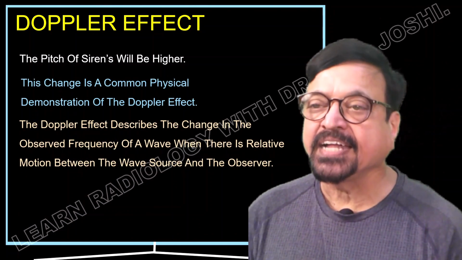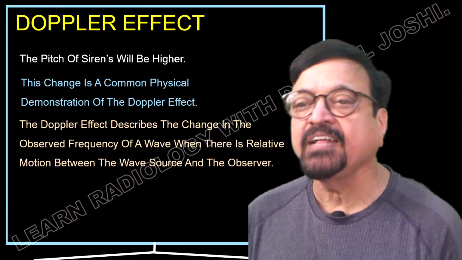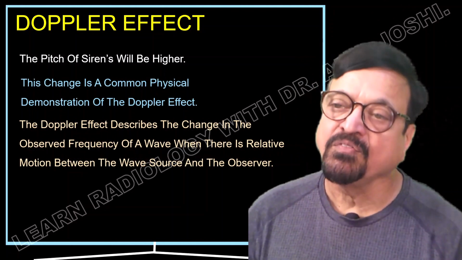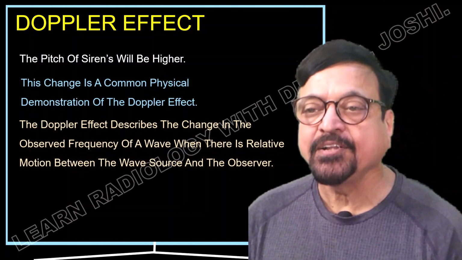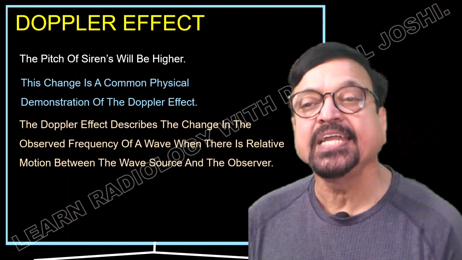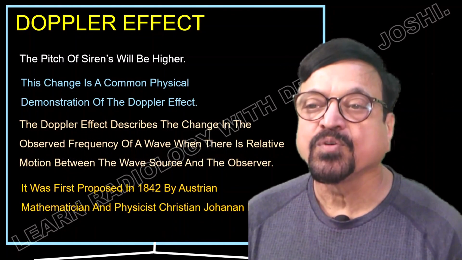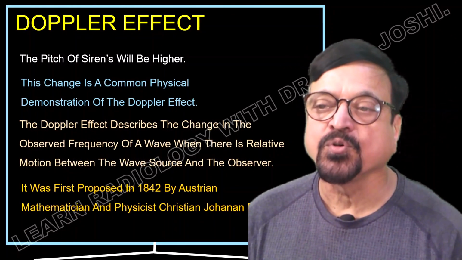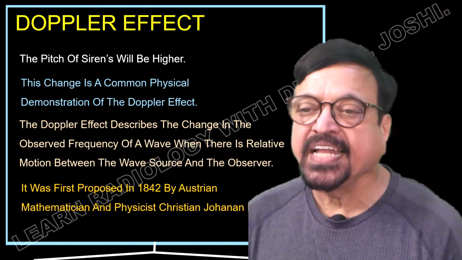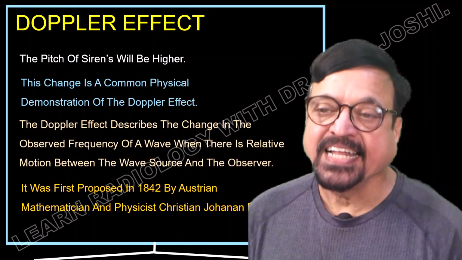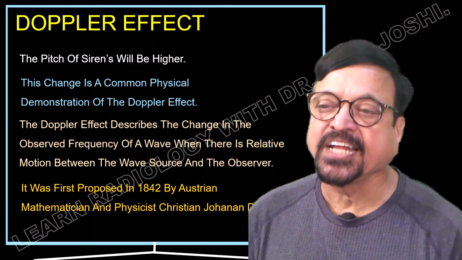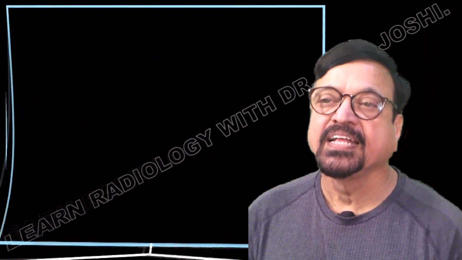The Doppler effect describes the changes in the observed frequency of a wave when there is relative motion between the source and the observer. It was first proposed in 1842 by the Austrian physicist Christian Doppler.